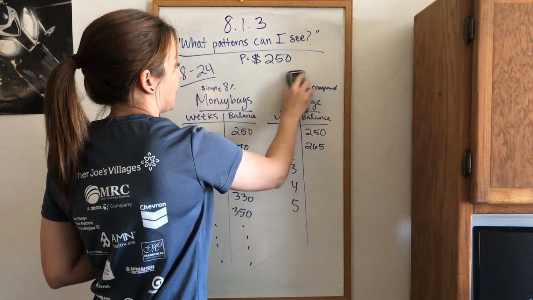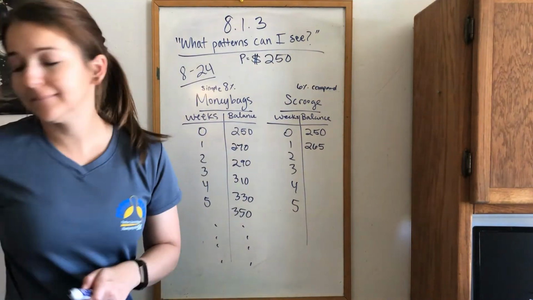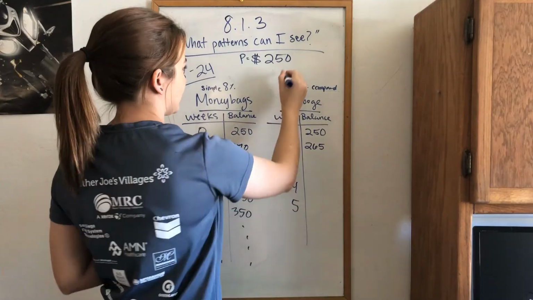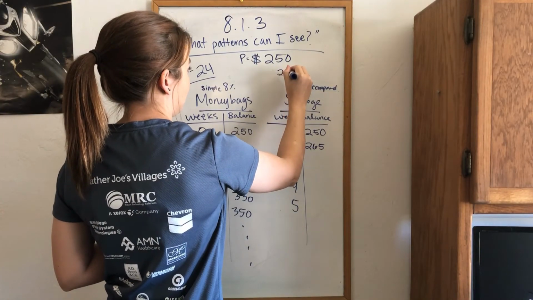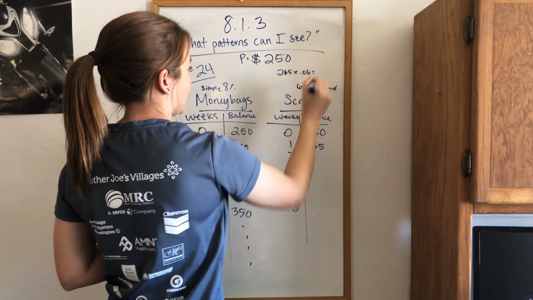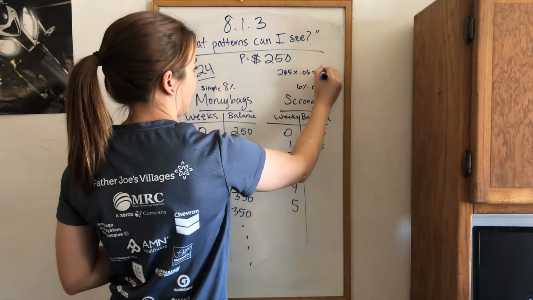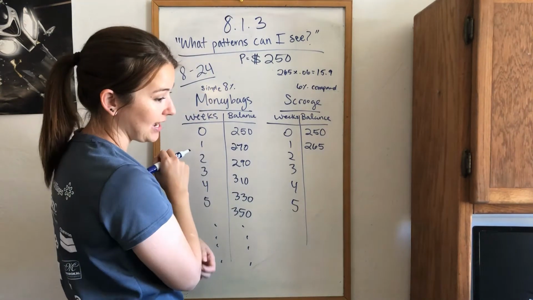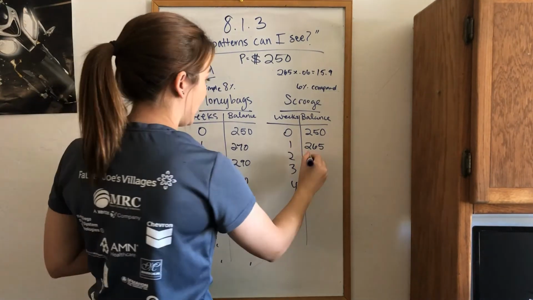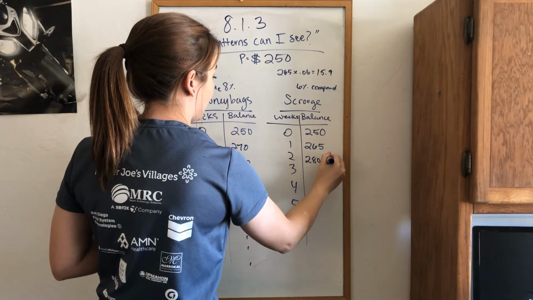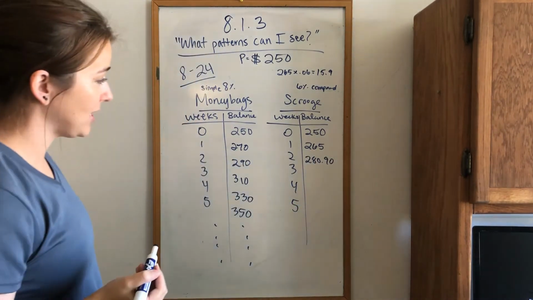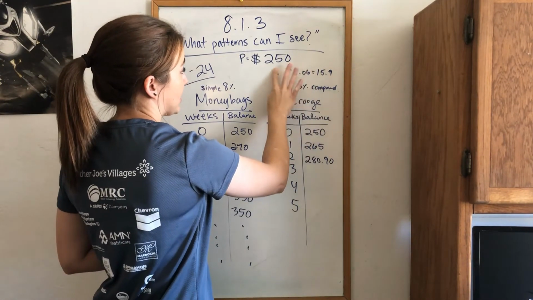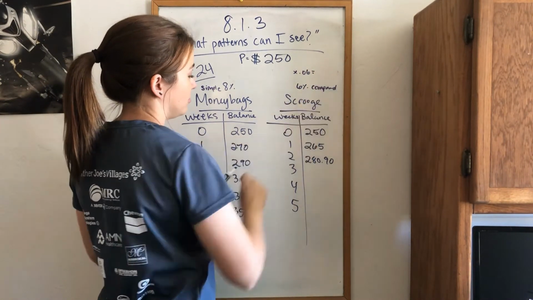Now we need to take 6% of this 265, times 0.06, and that is 15.9. So 265 plus 15.9 is 280.90. For every single new value you have, that's what you have to plug into this new equation.